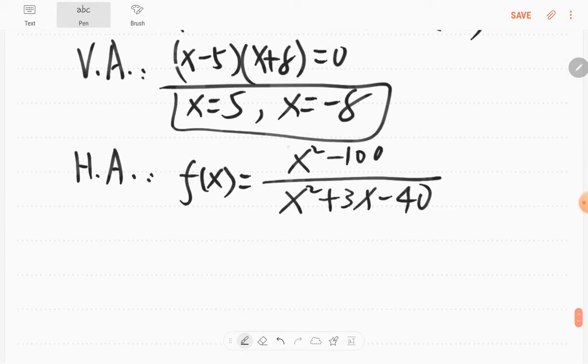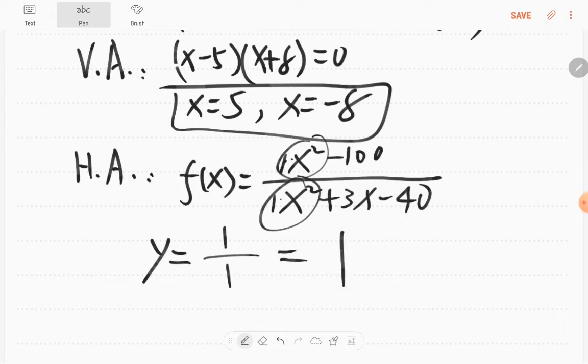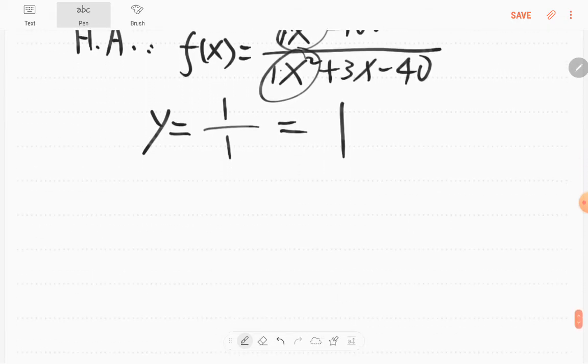Then you have x squared here and x squared here. So they have the same degree, so the horizontal asymptote y is equal to the leading coefficient for the highest power, which is 1, over 1. Here's 1 times x squared, here 1 times x squared. So it is equal to 1. This is the horizontal asymptote.